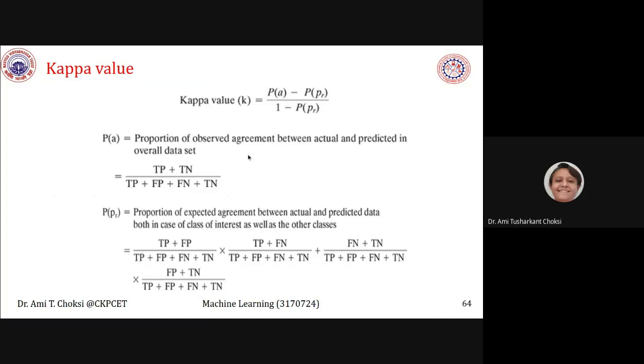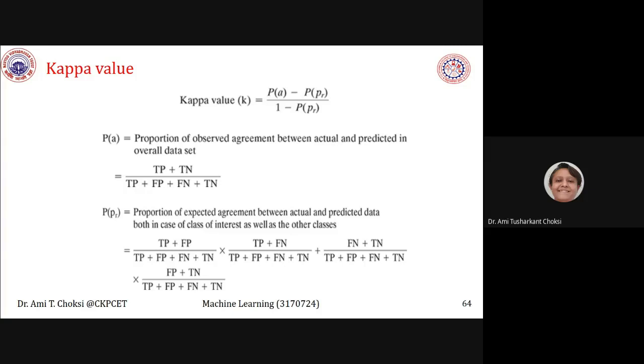What that means? The equation is TP plus TN upon TP plus FP plus FN plus TN. P(E) is the proportion of expected agreement between actual and predicted data, both in case of the class of interest as well as the other classes. So the equation is here, right?